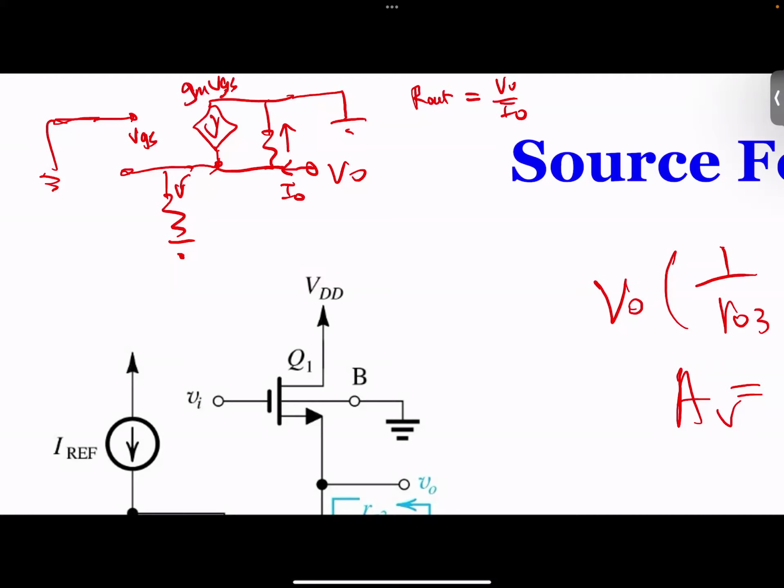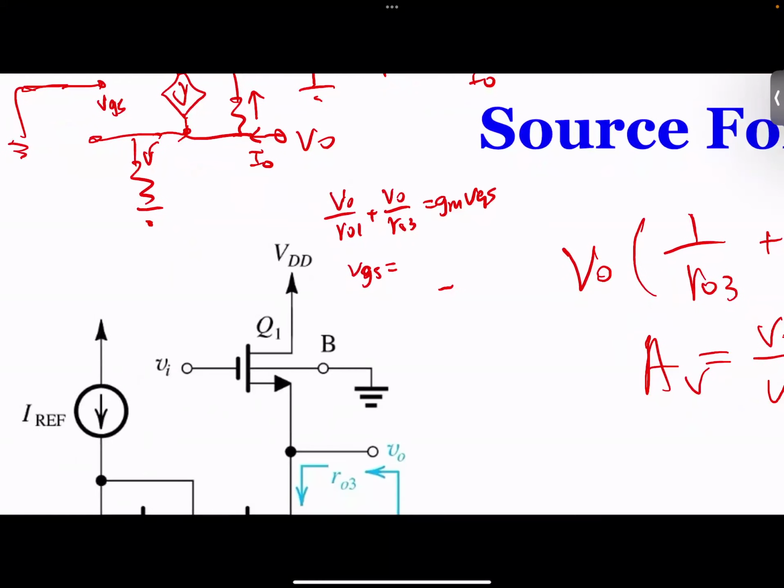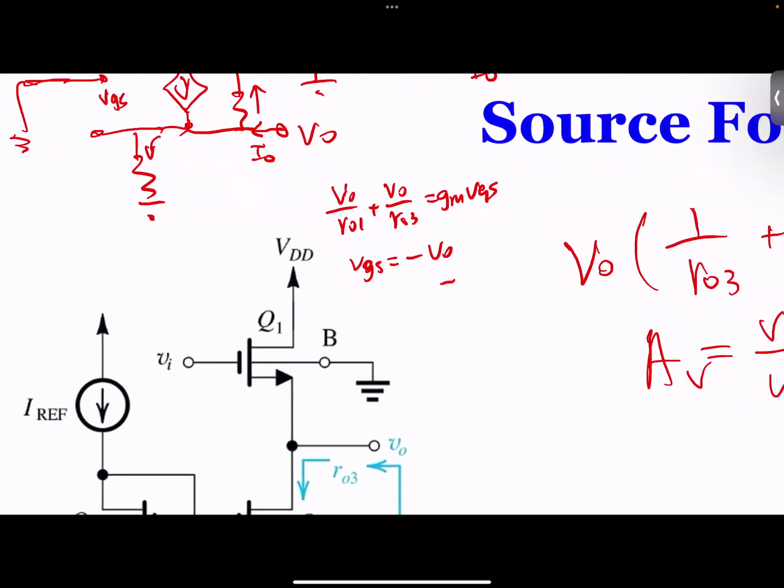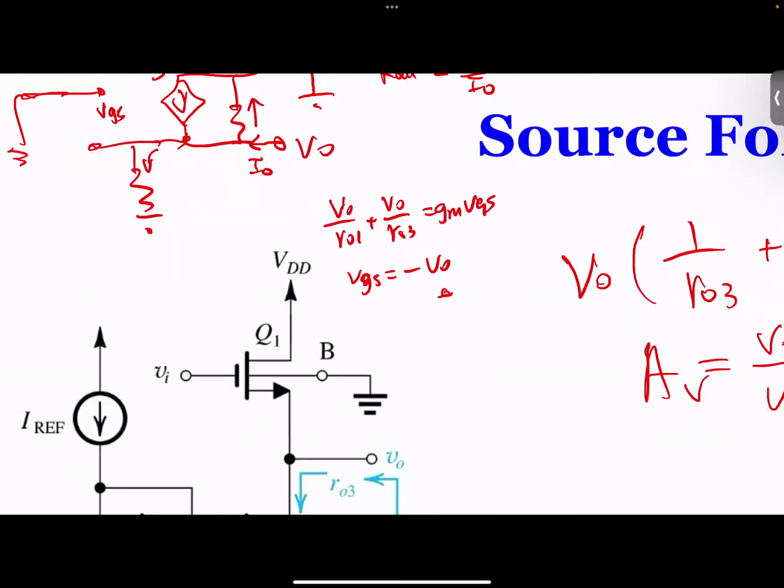So we need to find, again, a few things before we can do that. And the best way, again, is to do a nodal analysis on that point. So the nodal equation will look like VO divided by RO1 plus VO divided by RO3 equal to GM times VGS. And VGS equal to minus VO. Right now, we don't have any V in because V in is grounded.